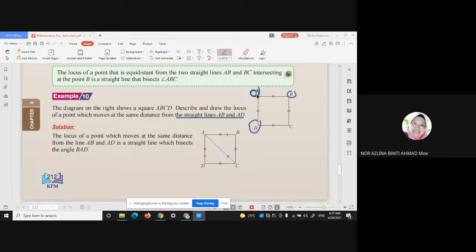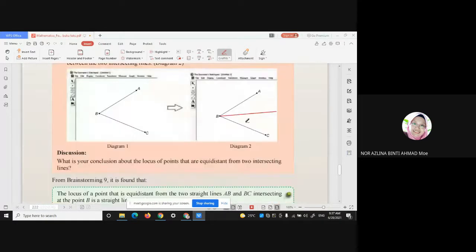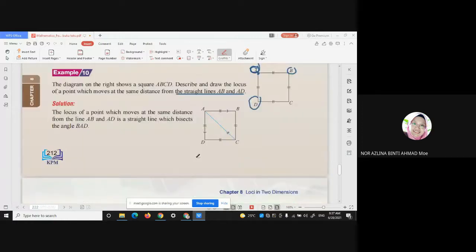So where is the intersection point? The intersection point is A. So we need to draw from A. Which type of locus, number 1, 2, 3, 4, or 5?